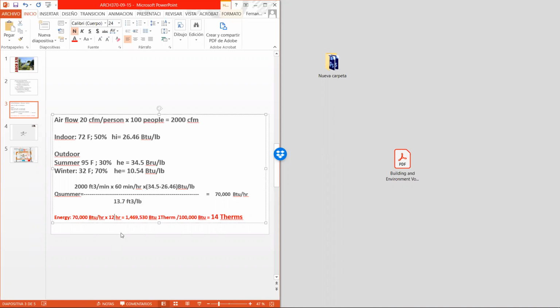That's around 841,000, so this is 8 therms. It can be 8, 8.4, 8.2, around 8.